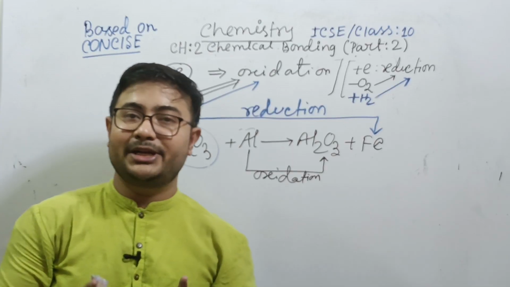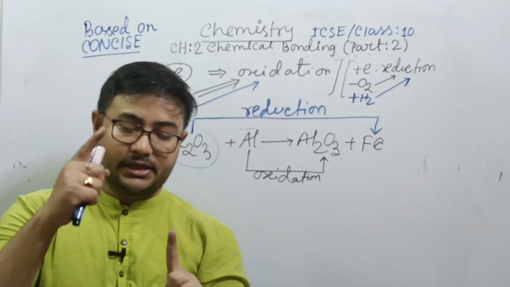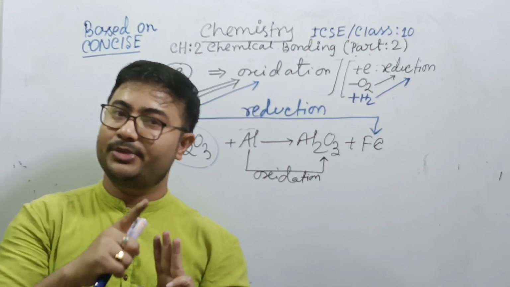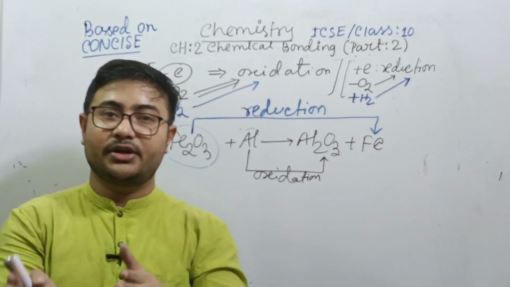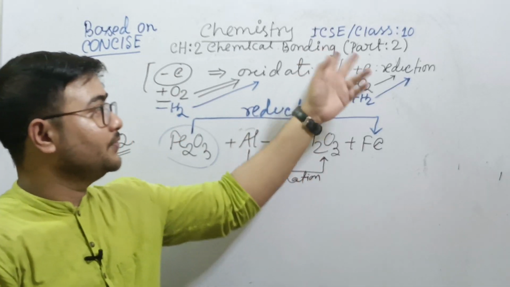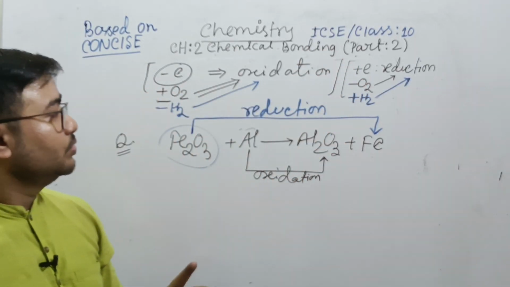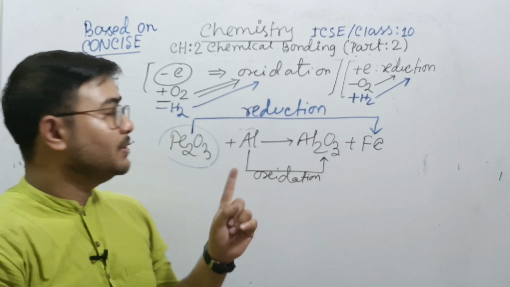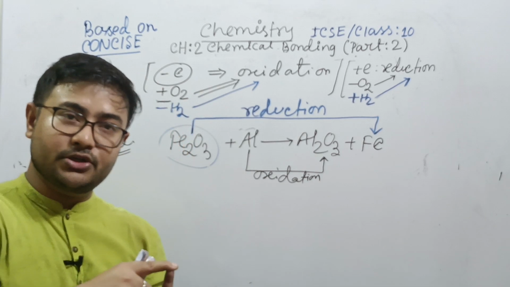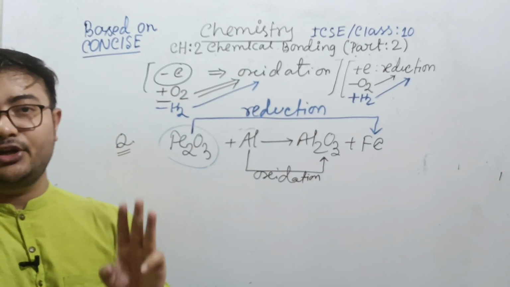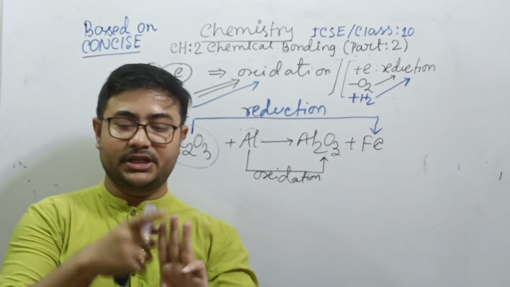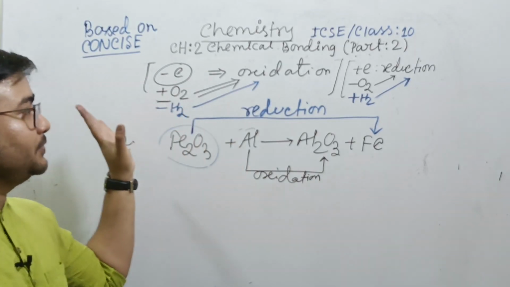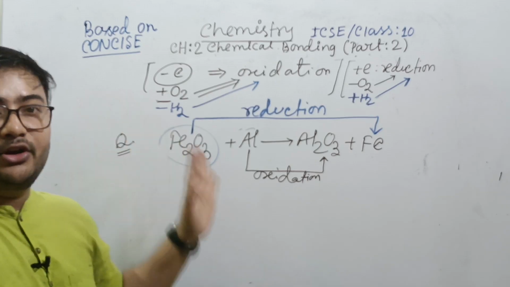Okay, if you now open the Concise and check, after completion of part 1 and part 2 videos, we complete the 3 basic concepts. First, electrovalent compound, covalent compound and coordinate compound, basic idea, stability, octet, duplet, all in the part 1 video. In part 2 video, we understand the orbital diagram, though it is not even in our syllabus, the Lewis dot structure, formation of the electrovalent compounds NaCl, MgCl2, CaO, and the full concept about redox reaction.